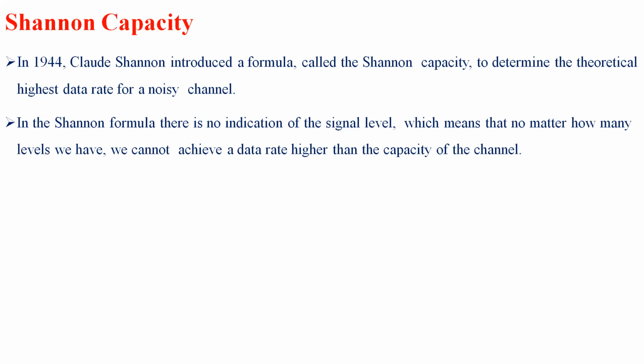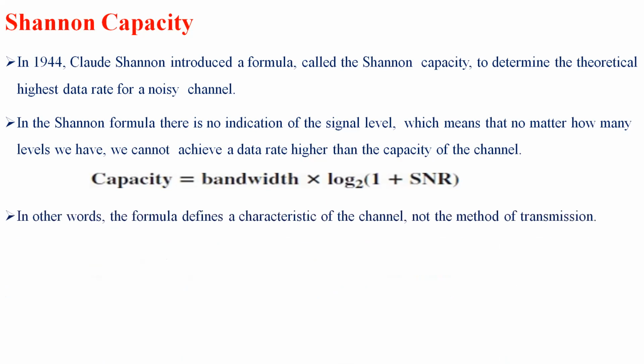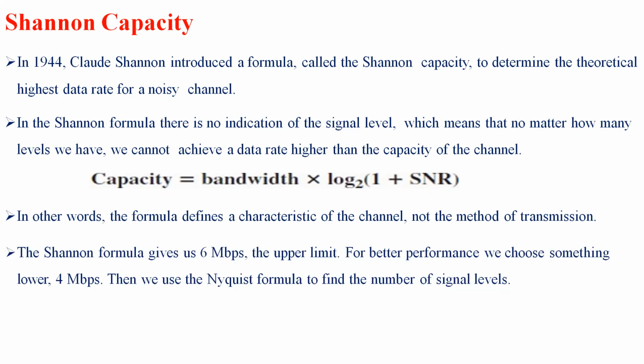So in the case of Shannon capacity, they never considered the number of levels. They always concentrate on the data rate as well as the capacity. The Shannon capacity formula is capacity equals bandwidth times log of 1 plus SNR. In other words, this formula defines the characteristics of a channel, not the method of transmission.